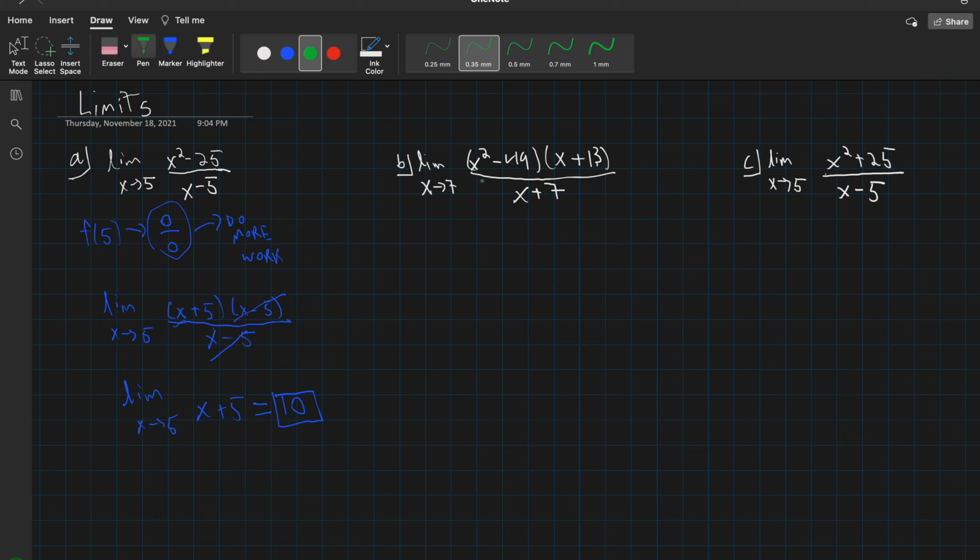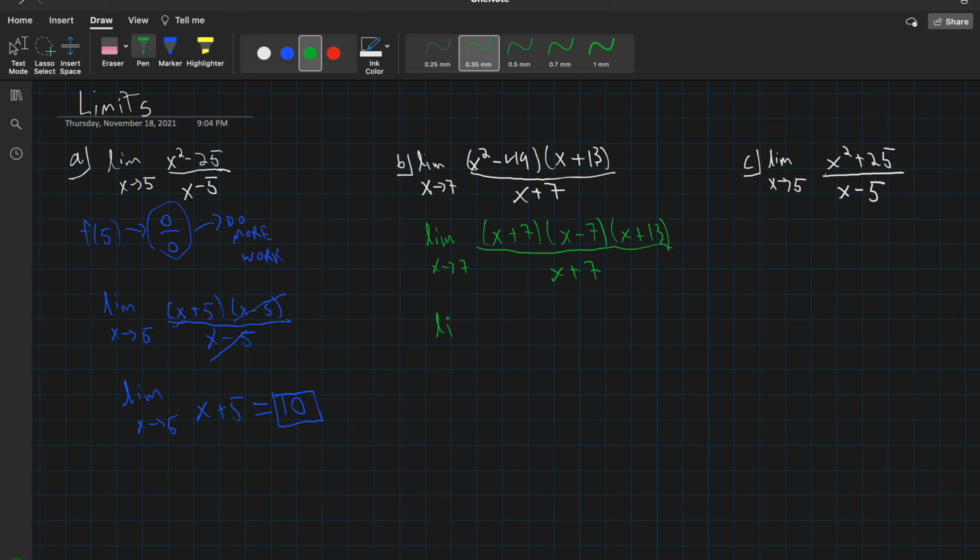So the limit as x approaches 7, x squared minus 49 times x plus 13 over x plus 7. Wow. Okay. So let's tackle this down, and let's use the same type of strategy from part A. So limit as x approaches 7 of x plus 7 times x minus 7 times x plus 13 all over x plus 7.